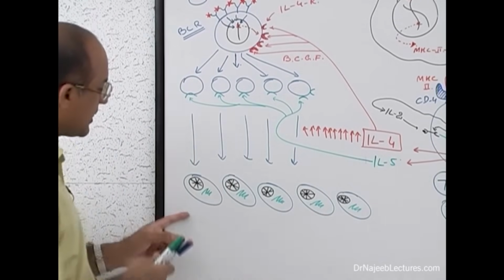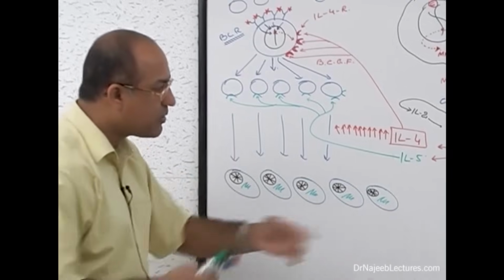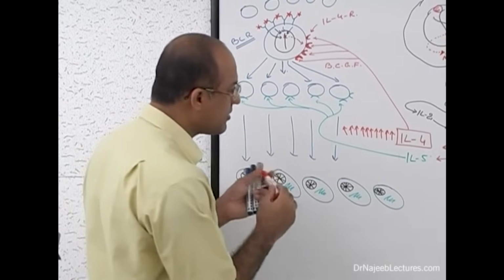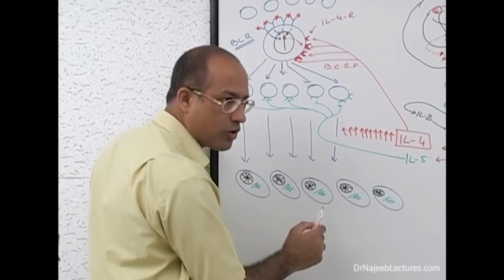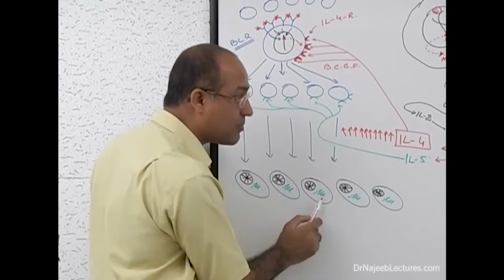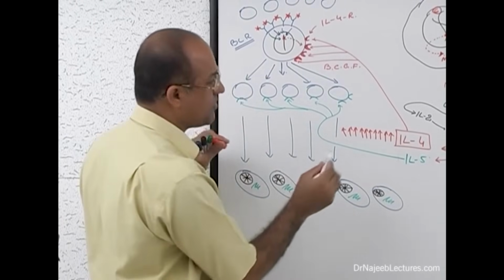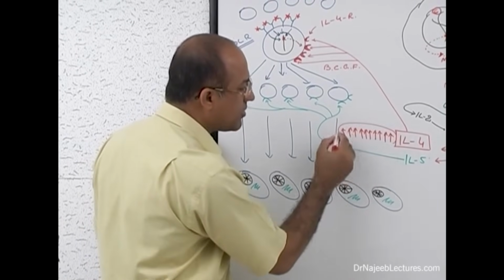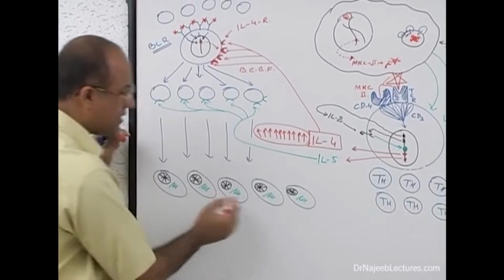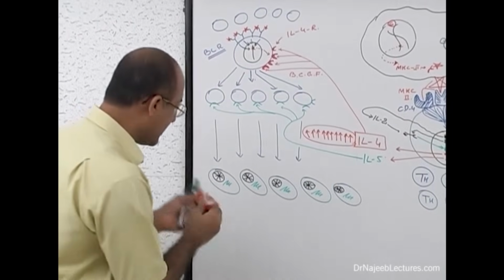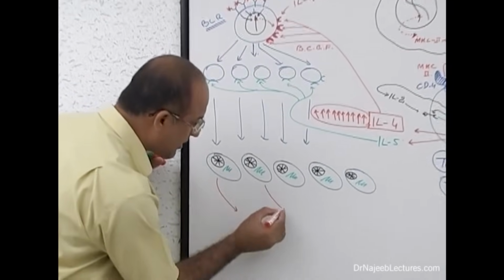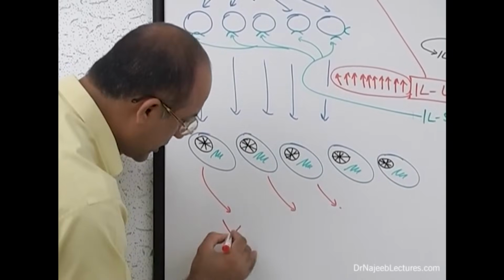Now, all these B cells have been working under the influence of interleukin 5. Interleukin 5 converts the B cell into a plasma cell, but in the presence of a very high amount of interleukin 4, these plasma cells start secreting the antibodies, antipollen antibodies.